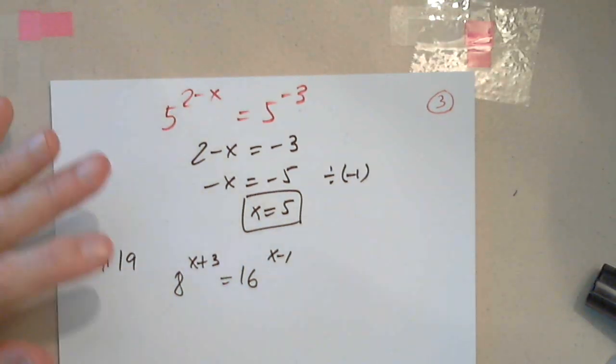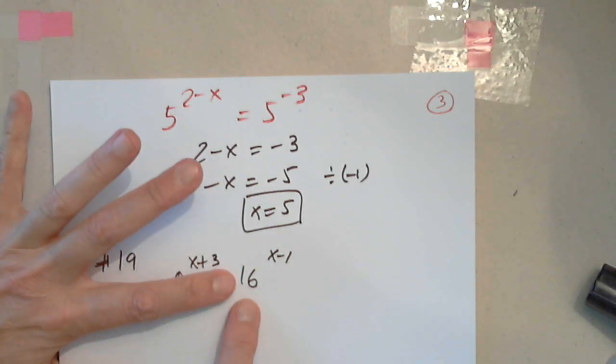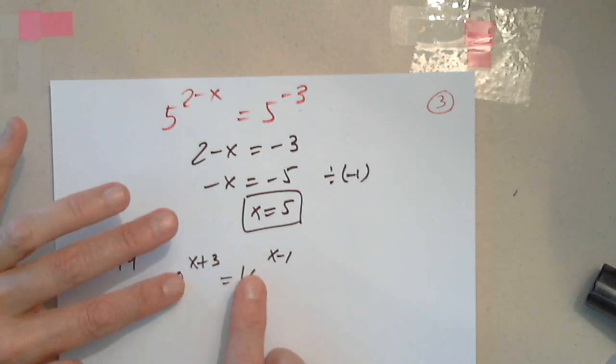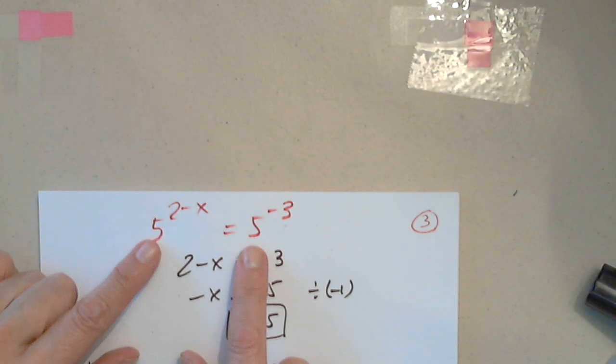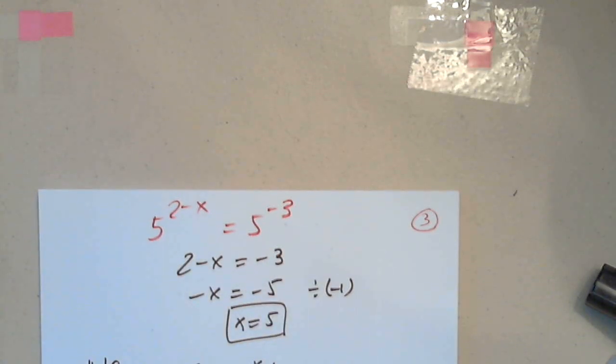Well, in this situation, I see that this is not a prime number, this is not a prime number, and I wonder if I could use the same base to present both. Because if I can use the same base to present both, then I'll be somehow in this kind of situation, which is not too difficult.